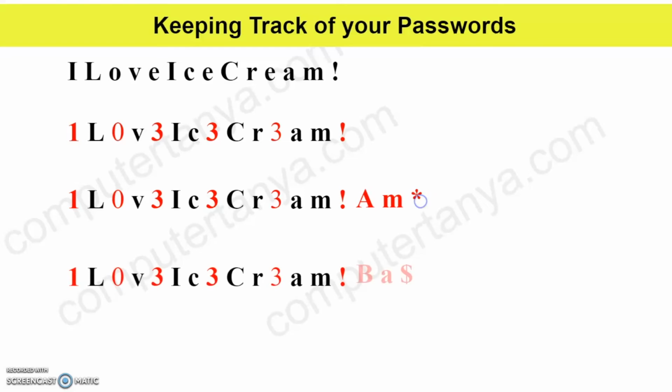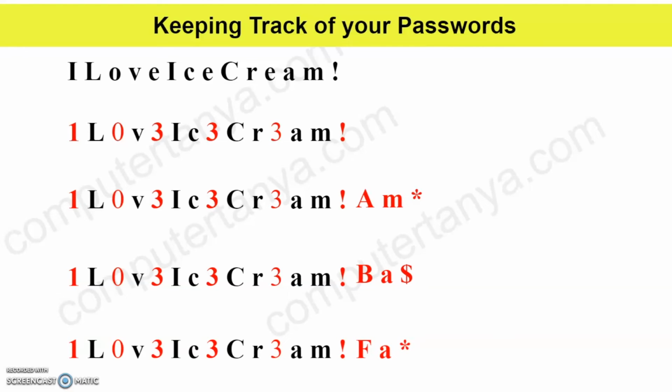So for example, the next one, if we're banking with, say, Bank of America, we might want to use the first 2 letters of Bank of America, BA, and it's a banking institution, so we're going to use the $ sign as our little symbol there, or our funky character. And for the last example, I'm going to use Facebook.